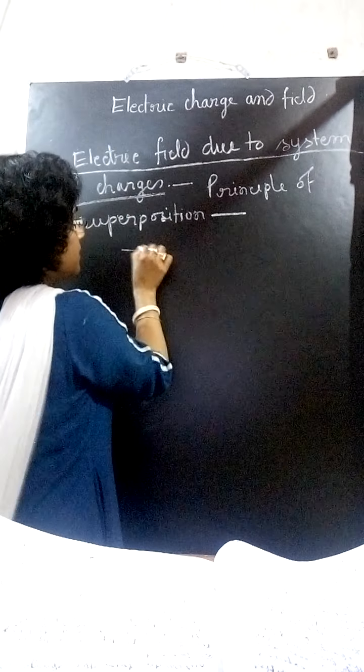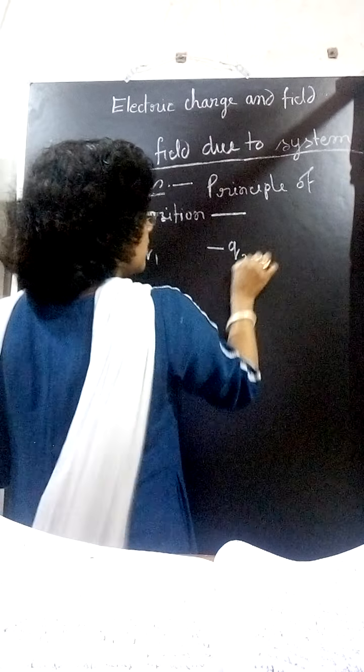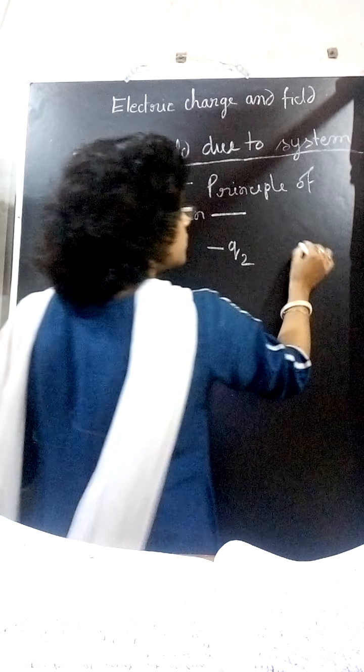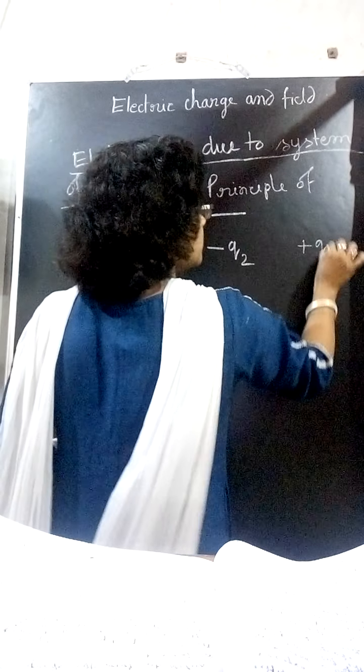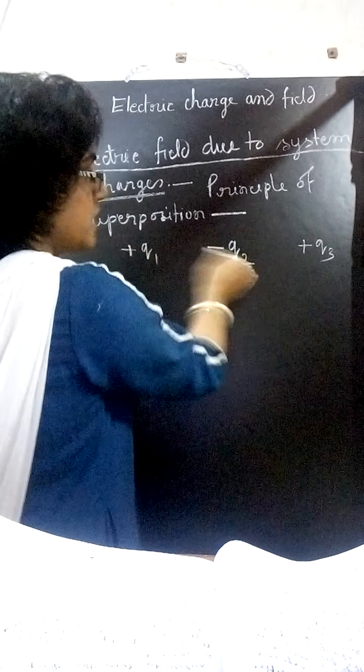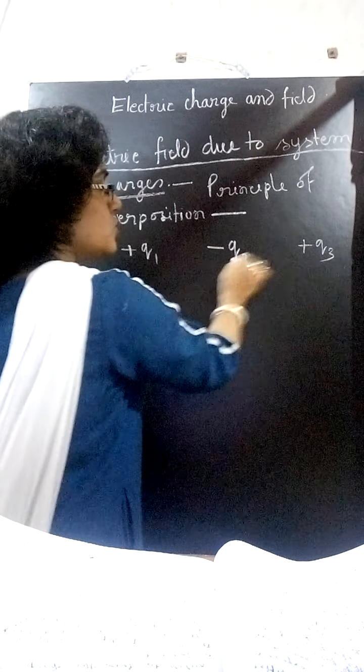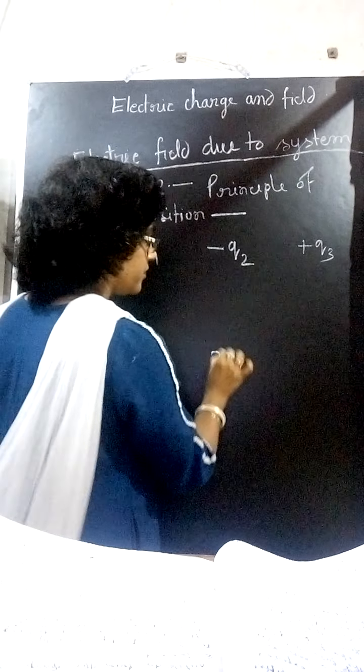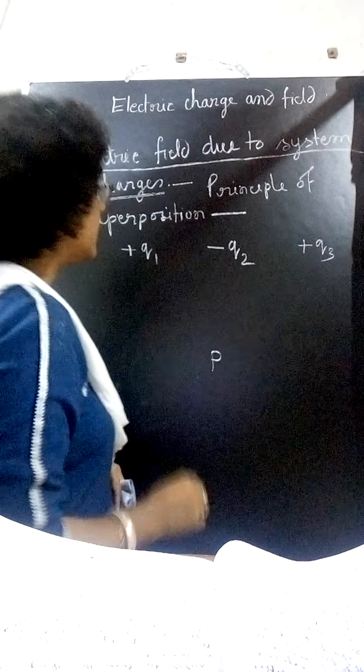Now, a system of charges will be there. So, let us consider three charges: plus Q1, minus Q2 and plus Q3. Let us consider one point P. Now, at point P, the electric field has to be calculated due to the system of charges.